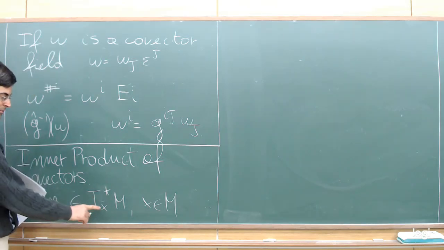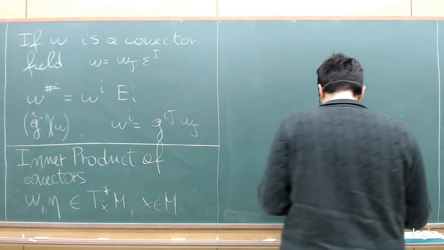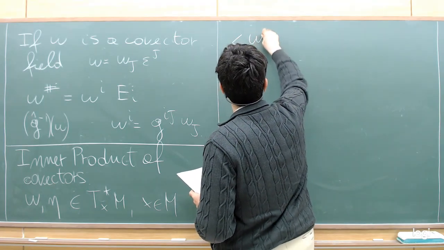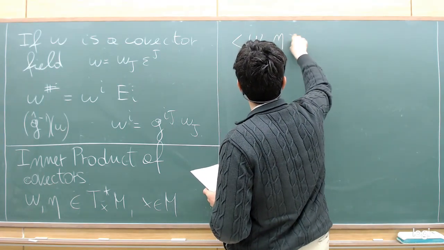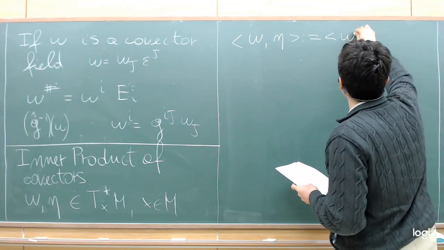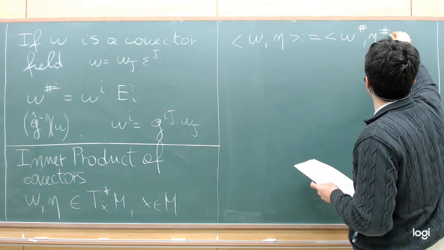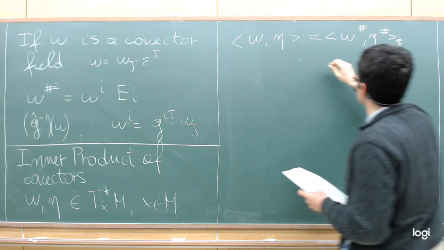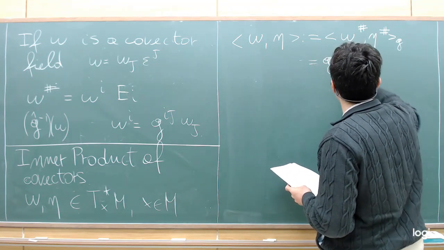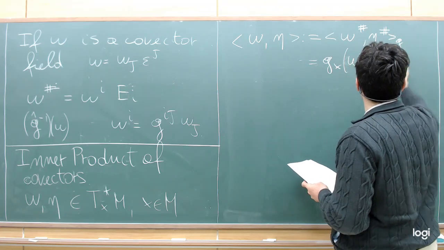This is the cotangent space of M at x. Then we can define the inner product of omega and eta, writing g x of omega sharp, eta sharp.